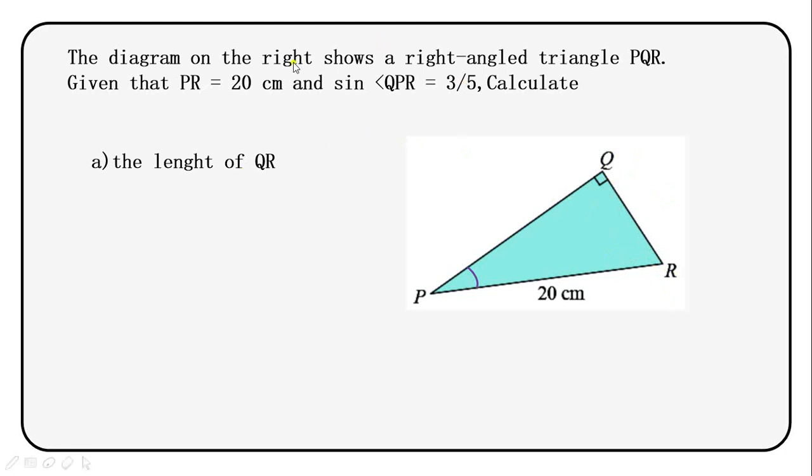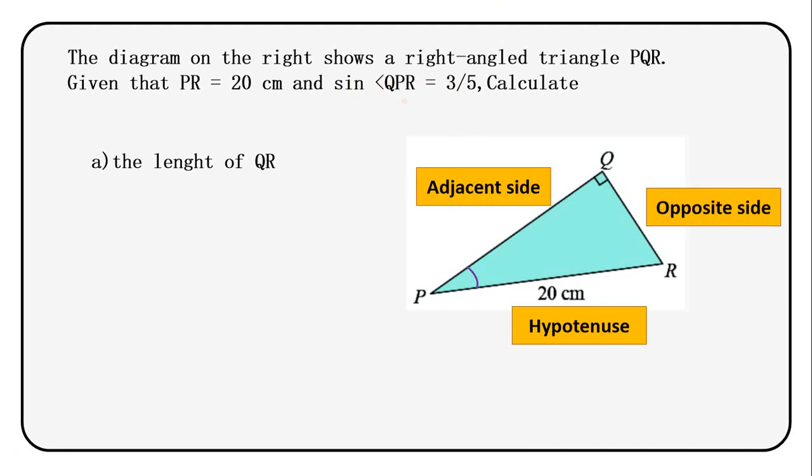So, since sine angle QPR is 3 over 5, remember, sine is opposite over hypotenuse, so 3 is opposite, 5 is hypotenuse.